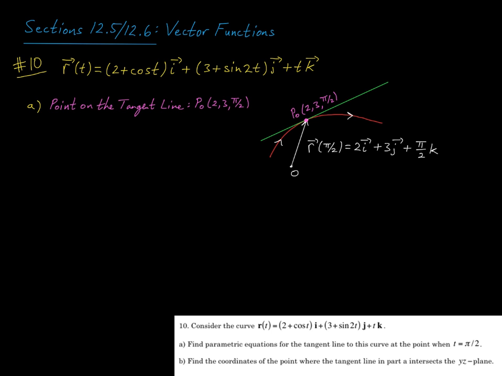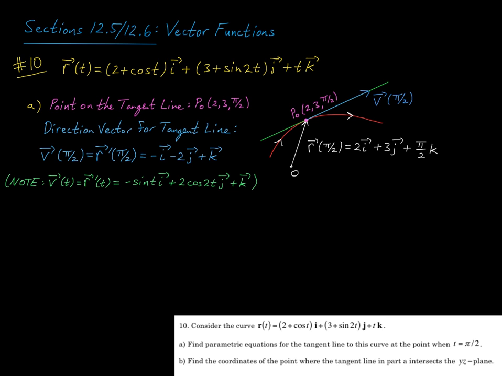So that's good. So now how about a direction vector for the tangent line? Well, for that, we can use the velocity at pi over 2, or in other words, the derivative vector, because we know that derivative vector points in the direction tangent to this red path. And so what's the derivative?